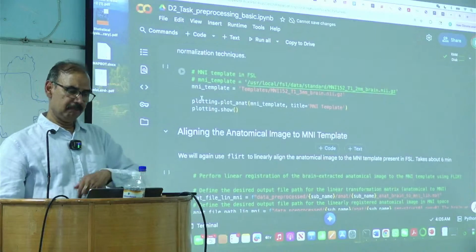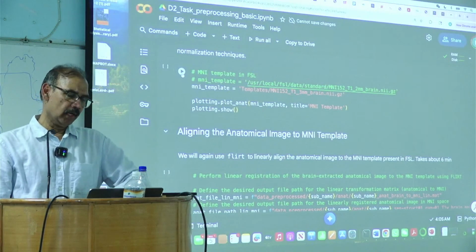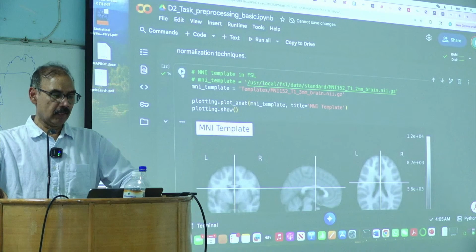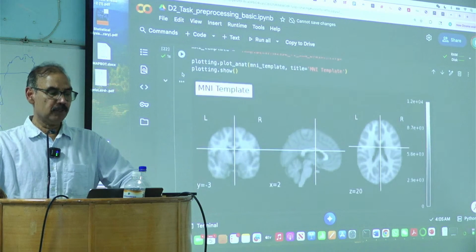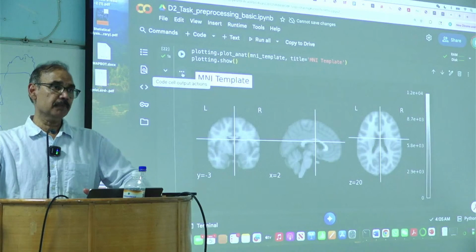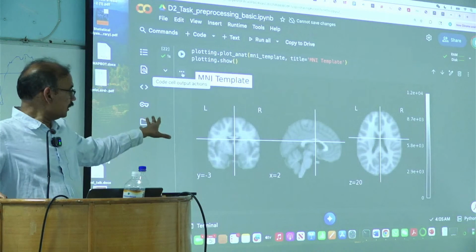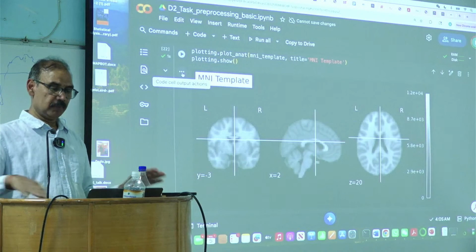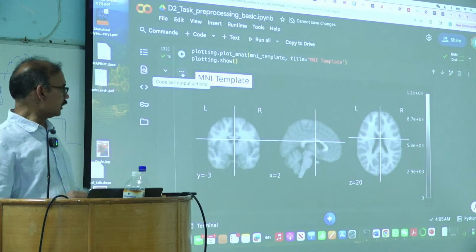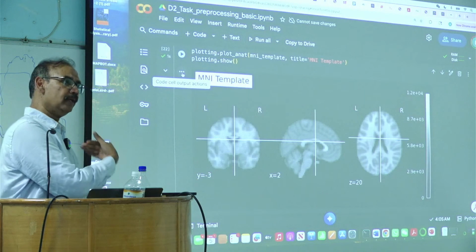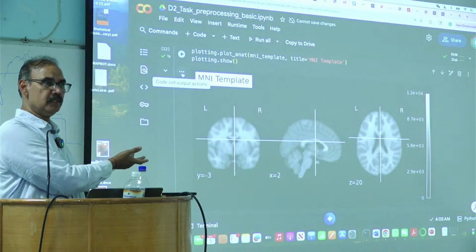So as I had mentioned yesterday, to compare different brains, we use a template. So any data which is used is transformed into this atlas called the MNI atlas. And by doing this, the advantage we have is that every brain is transformed into this.